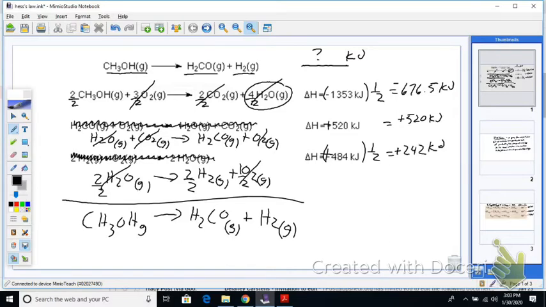And what you do is you add them all up. And then that's the energy for that reaction right here. That's what we come up with. That's the change in enthalpy for that reaction. Looks like it's positive, isn't it? So the answer is positive.